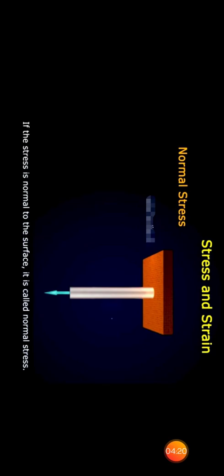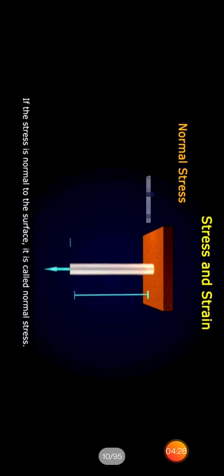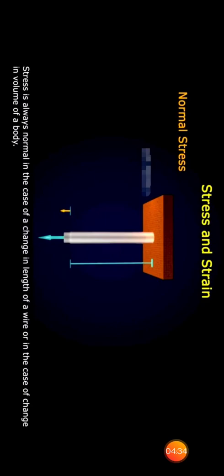Here the stress is normal to the surface, so it is called normal stress. Stress is always normal in the case of change in length of a wire or in the case of change in volume of a body.